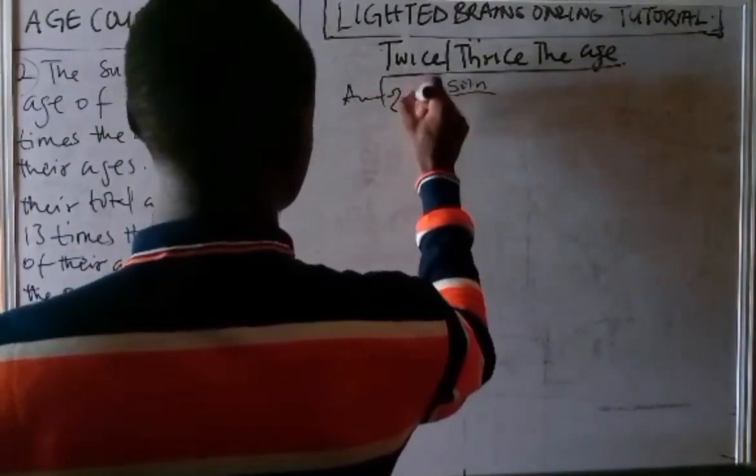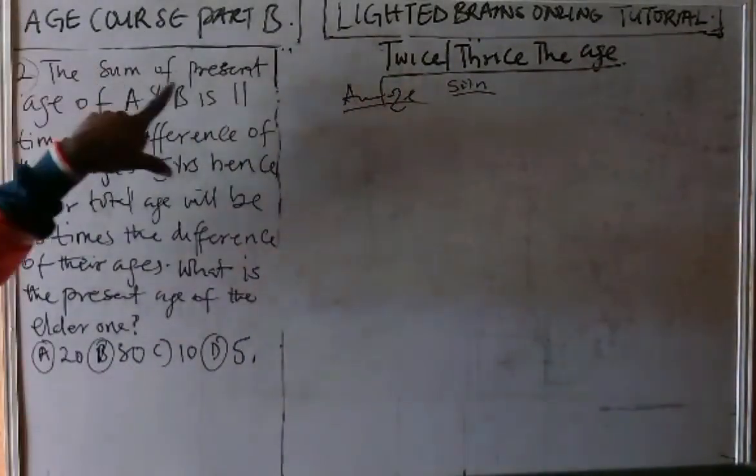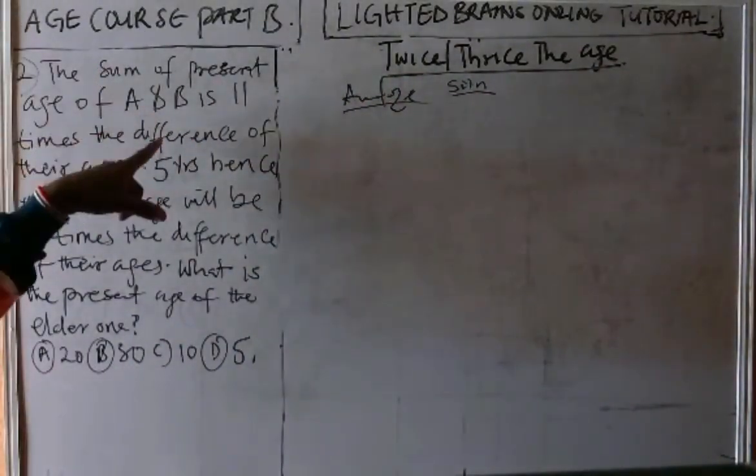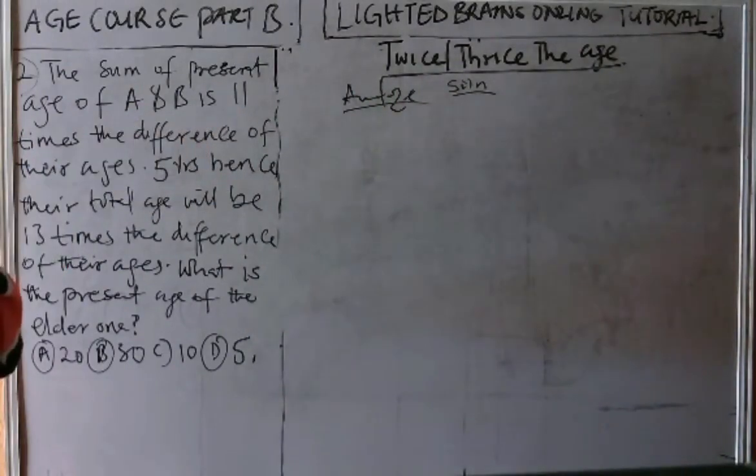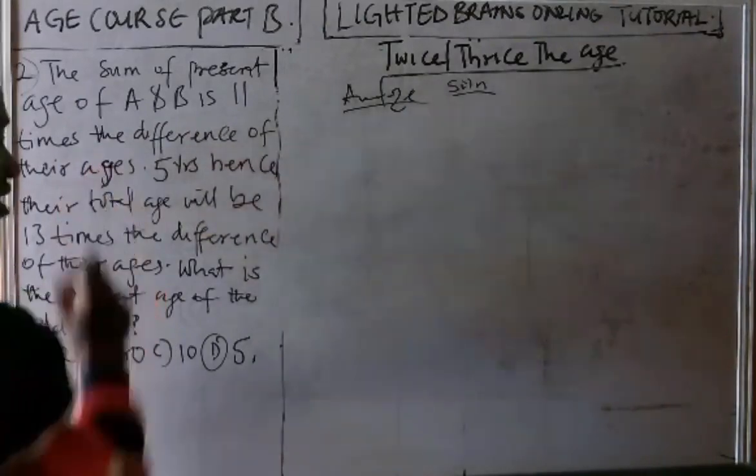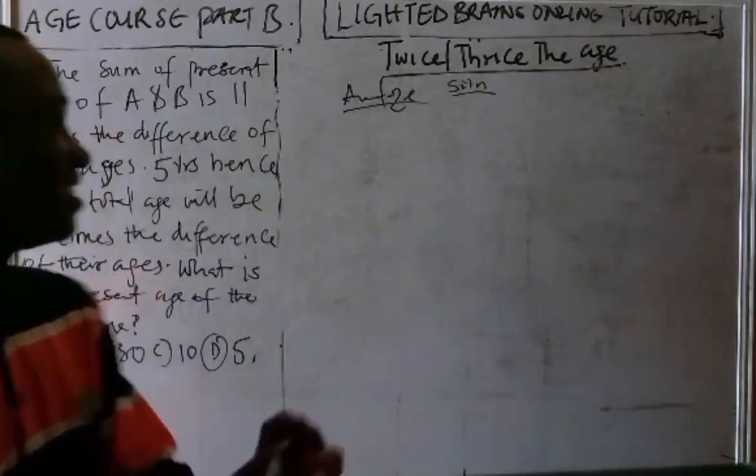So let's analyze it. They said the sum of present age of A and B is 11 times the difference of their ages. It's simple.